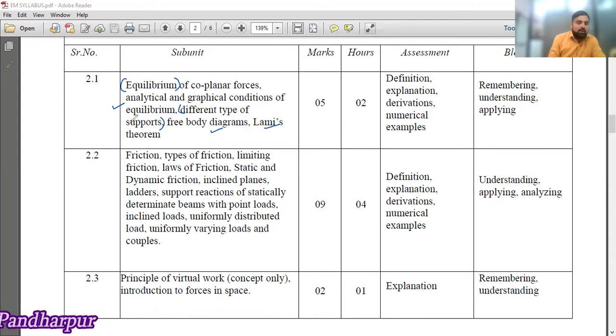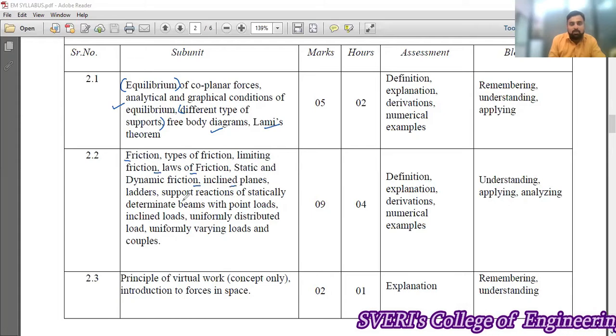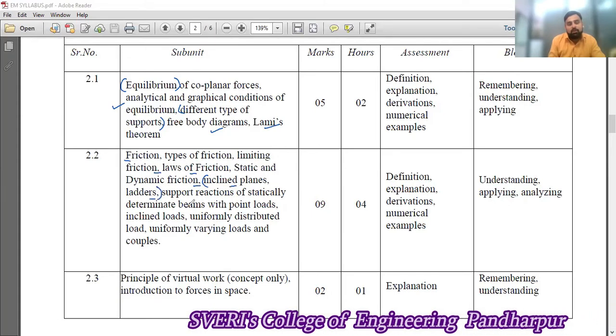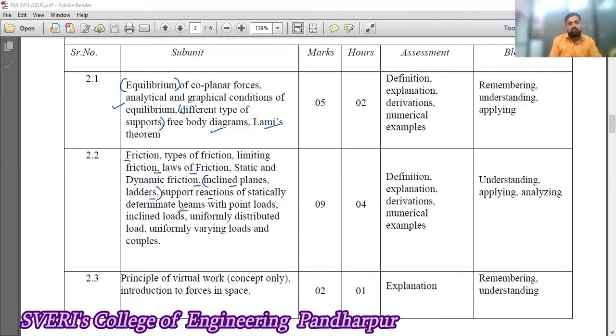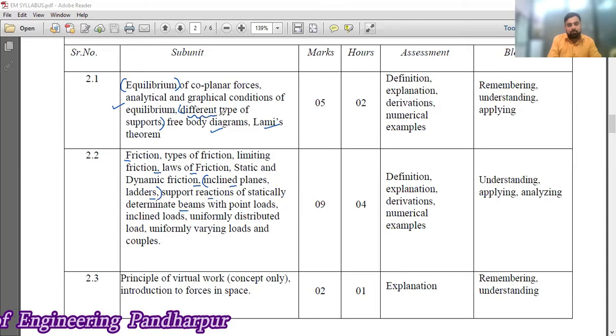on this. After this, friction is there: types of friction, limiting friction, laws of friction, static and dynamic friction, inclined plane, ladders, numericals on inclined plane and ladders that we are going to solve. Then support reactions of statically determinate beams. So here we are studying different types of supports, and these supports are provided to the beams.